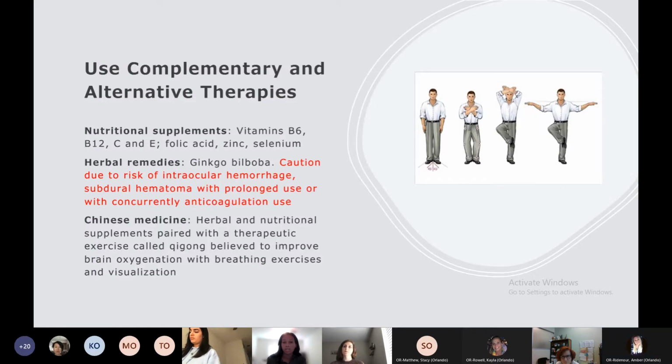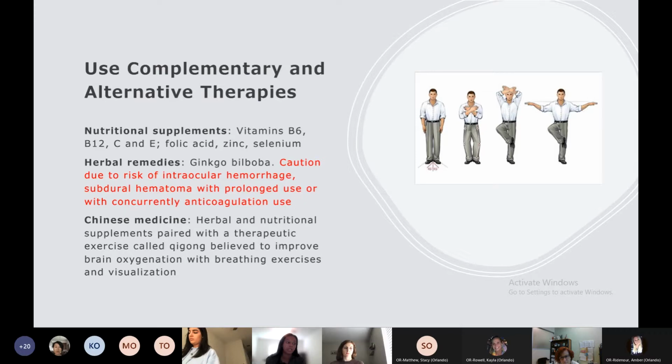There are some complementary and alternative therapies that can be used to help with dementia. Some nutritional supplements like the vitamins B6, B12, C, and E, folic acid, zinc, and selenium are important.